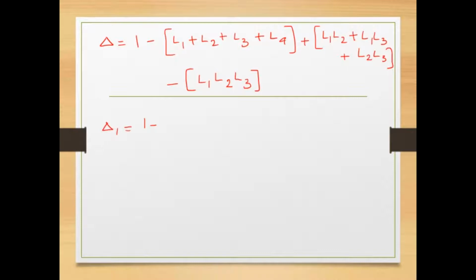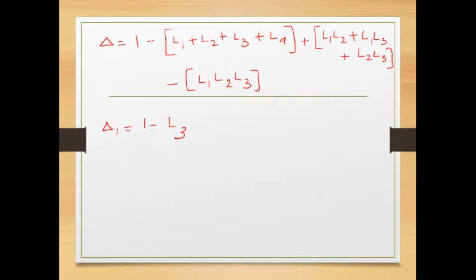I repeat, L1, L2 and L4 loops have a node which is common to the first path. So which loop doesn't touch the first forward path? It is L3. So our delta 1 is 1 minus L3 alone. We cannot consider L1, L2 or L4. It's only L3.